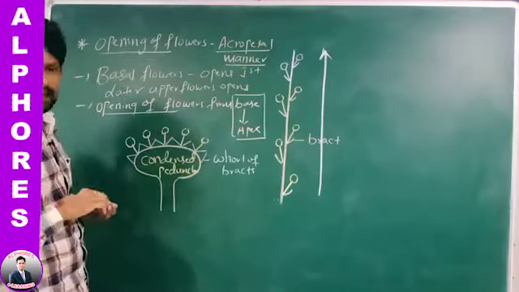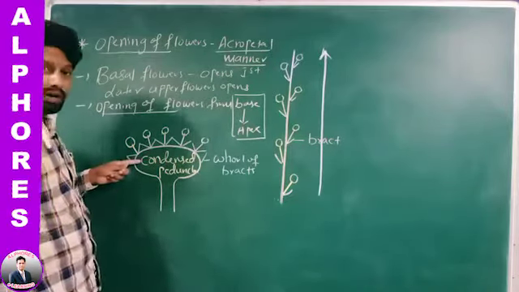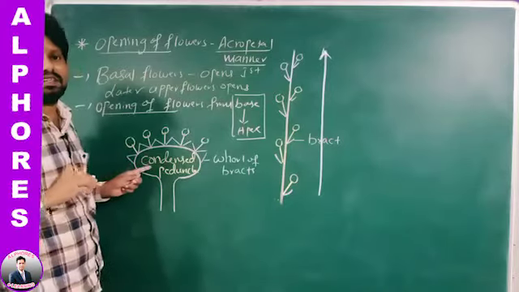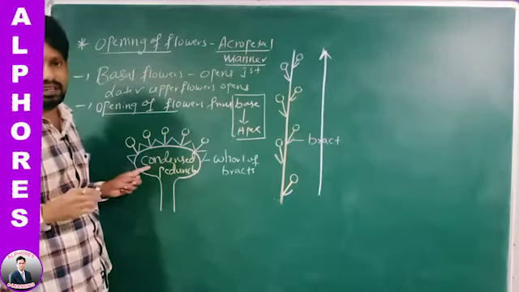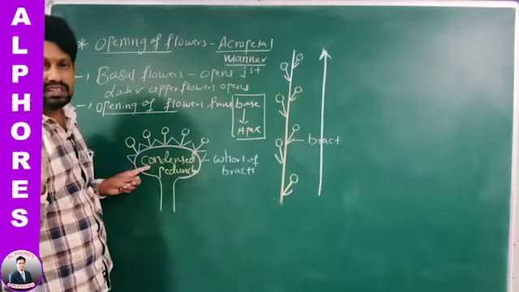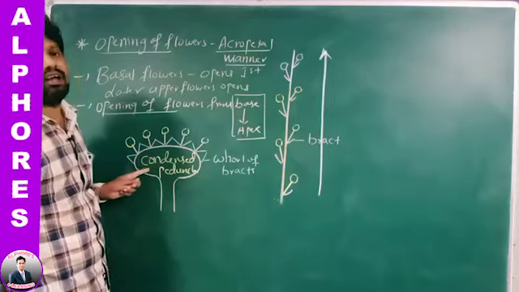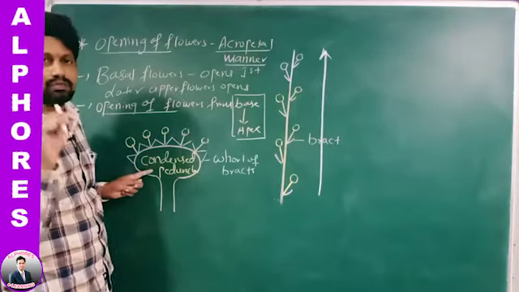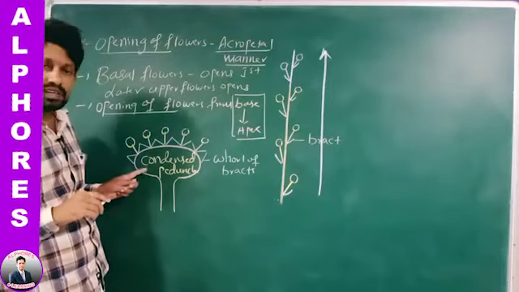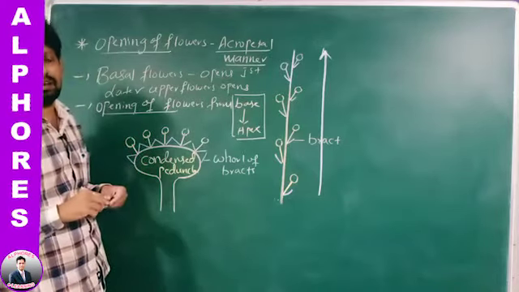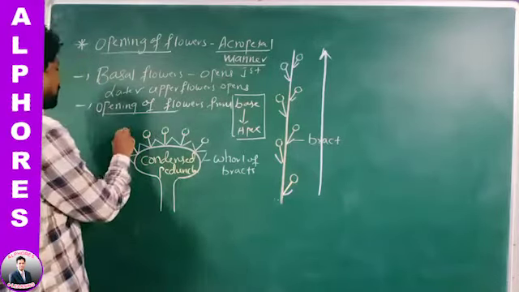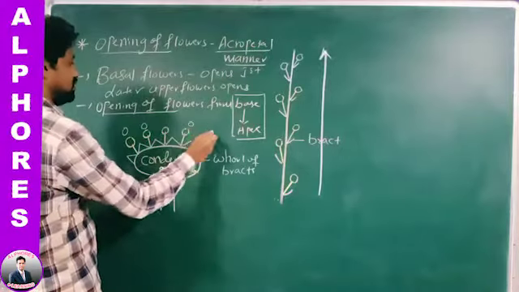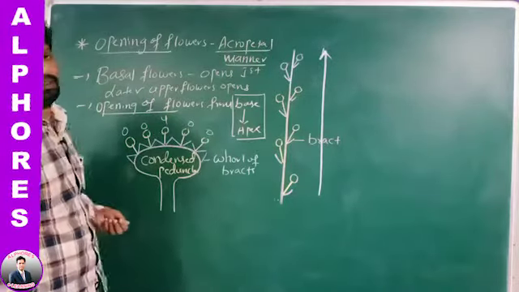Now see this diagram. Sir, in racemose inflorescence, if peduncle is condensed, arrangement of flowers is in centripetal manner. How, sir? Because peripheral flowers are older flowers, whereas central flowers are younger flowers.